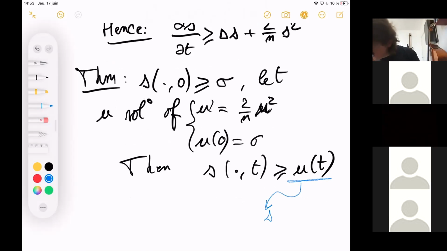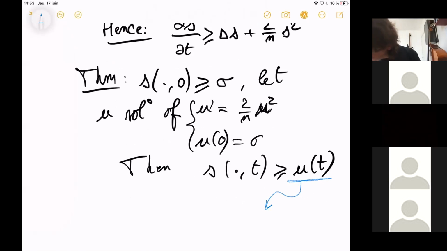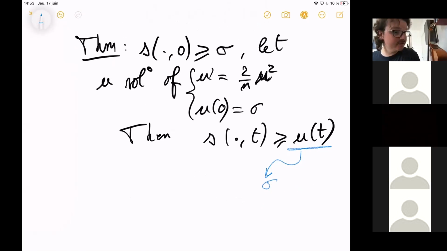So this would be sigma over 1 minus 2 over n sigma t. Okay?